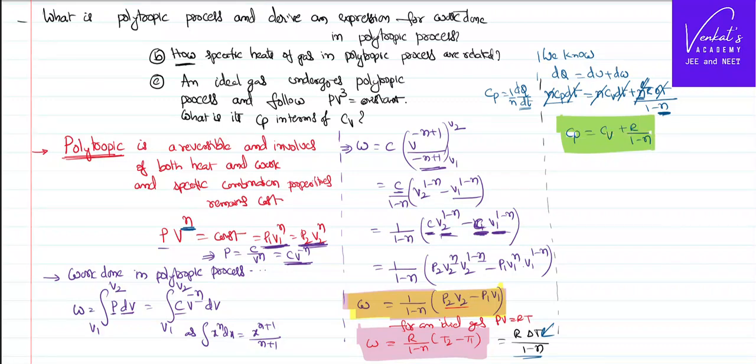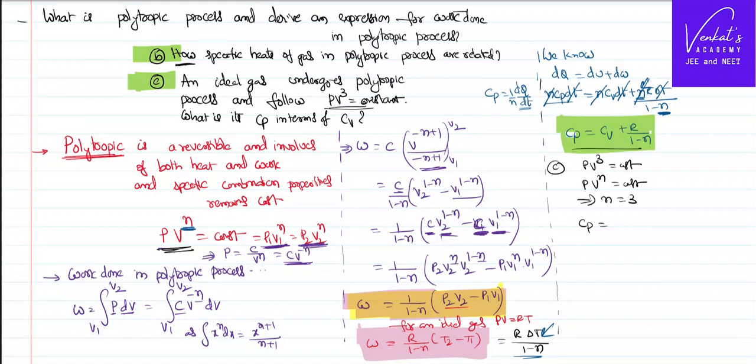Now, we want you to solve a problem. B we have done now. We want to do C now. So what is that C? An ideal gas is changing in such a way that PV power 3 is constant. Our general format is PV power n is constant as per our formula. That implies here n equal to 3. And it asks you to write the relation between Cp and Cv, right?